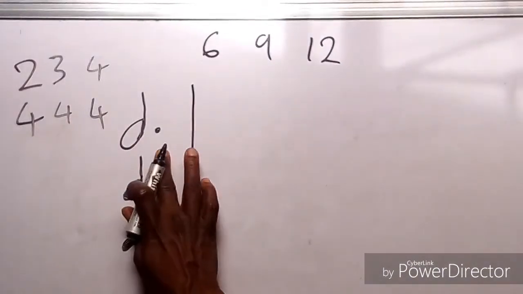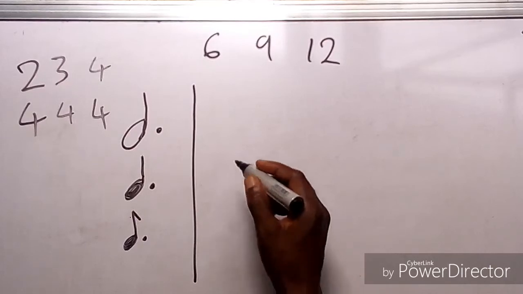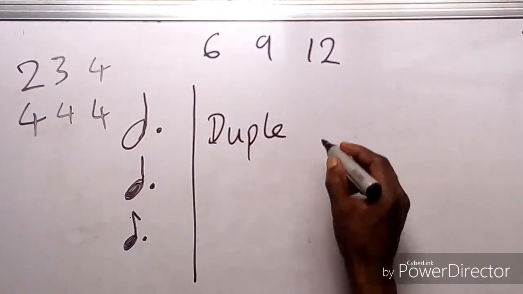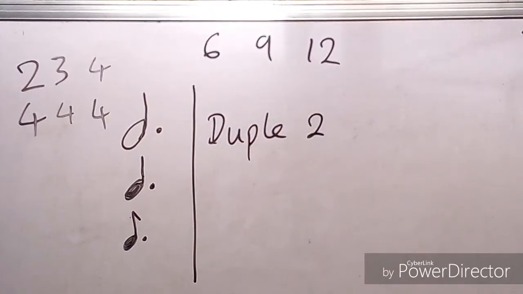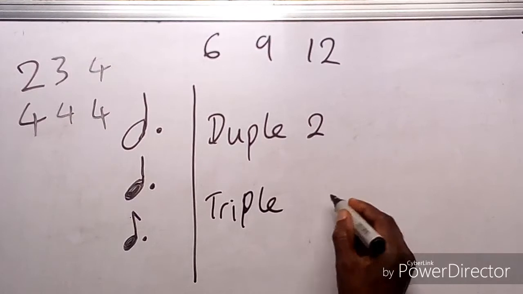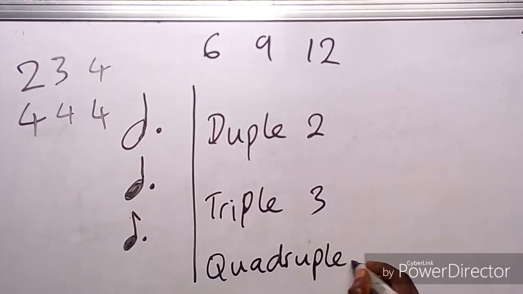Duple has to do with 2, triple has to do with 3, while quadruple has to do with 4.